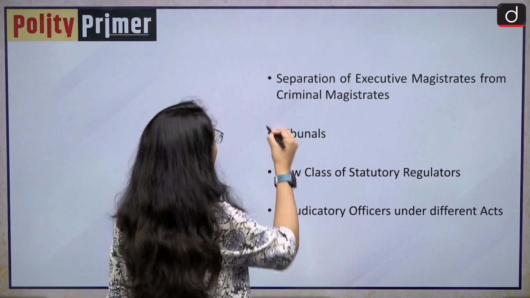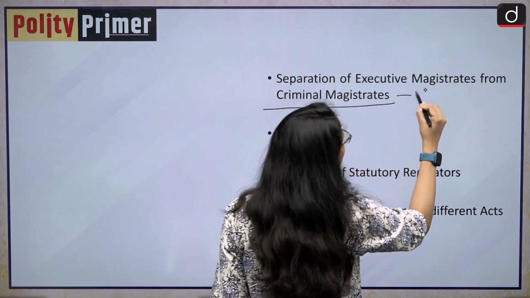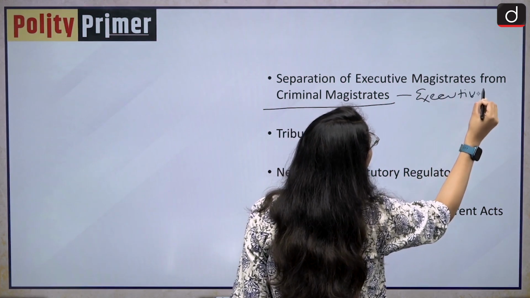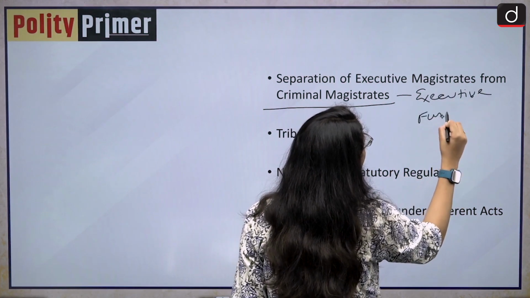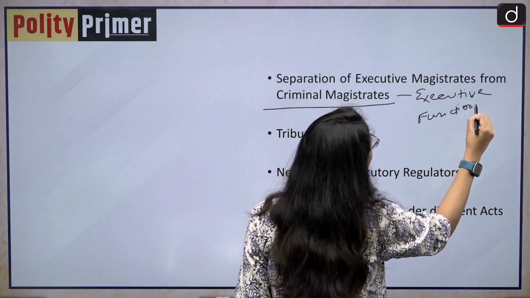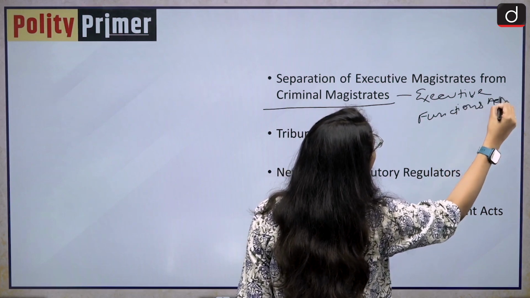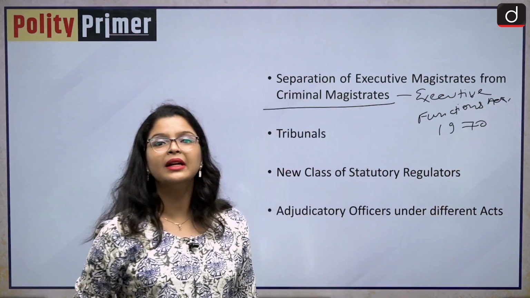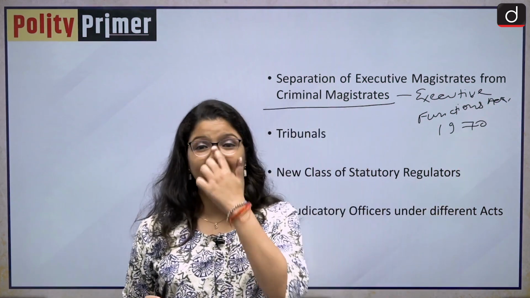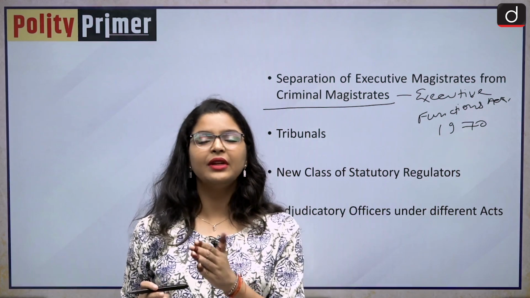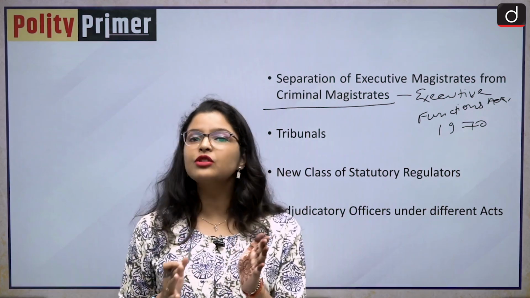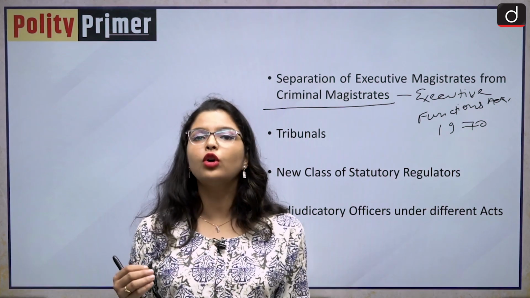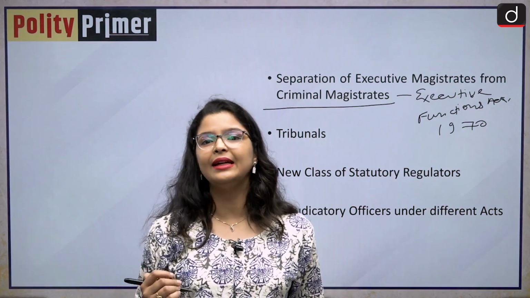This only happened after the enactment of the Executive Functions Act of 1970. This division happened under the Act of 1970, and it effectively divided the powers of the executive magistrate and the judicial magistrate in the Code of Criminal Procedure 1898.